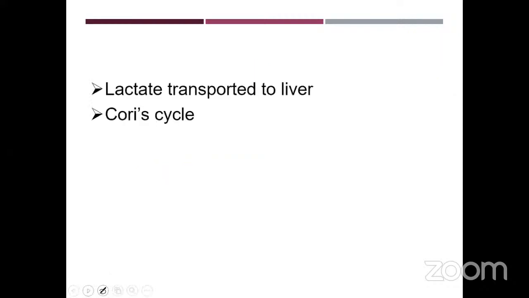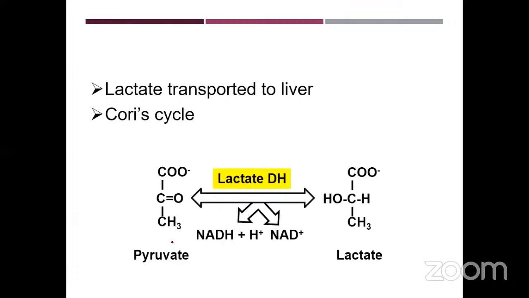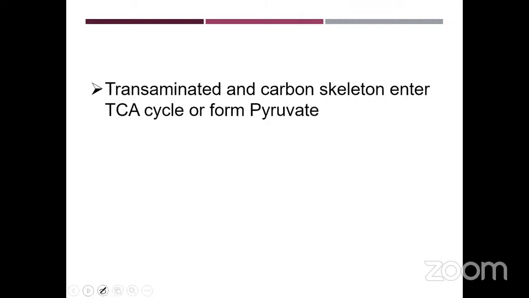So lactate is transported to the liver, as I told you about the Cori cycle. Pyruvate to lactate conversion occurs when there is anaerobic glycolysis, and that can be channeled to formation of glucose.